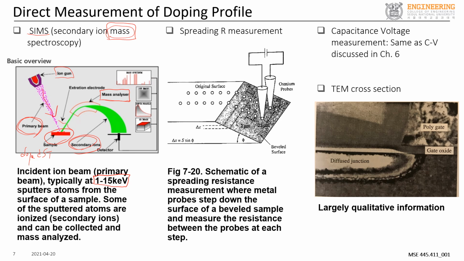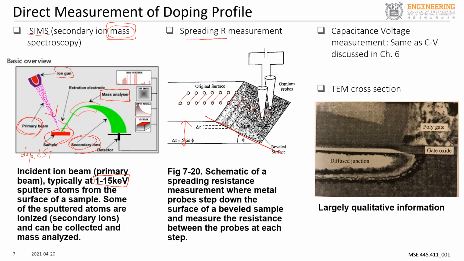Another way to measure the doping profile is something called spreading resistance measurements. Here, this is your sample, but what you do is create a slope like this, and then measure the resistance along the surface.